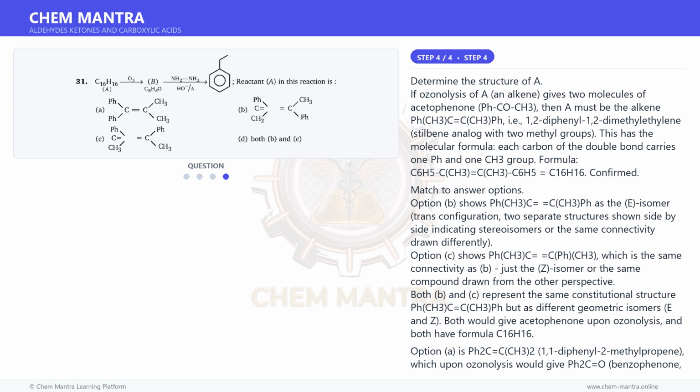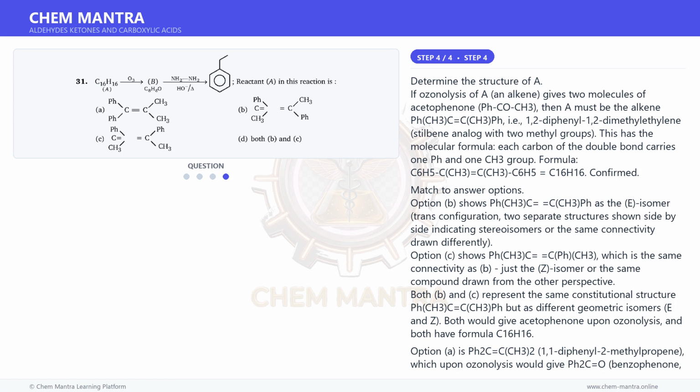Option B shows Ph(CH3)C=C(CH3)Ph as the E isomer, trans configuration, with separate structures shown side by side indicating stereoisomers or the same connectivity drawn differently. Option C shows Ph(CH3)C=C(Ph)CH3, which is the same connectivity as B, just the Z isomer or the same compound drawn from the other perspective.